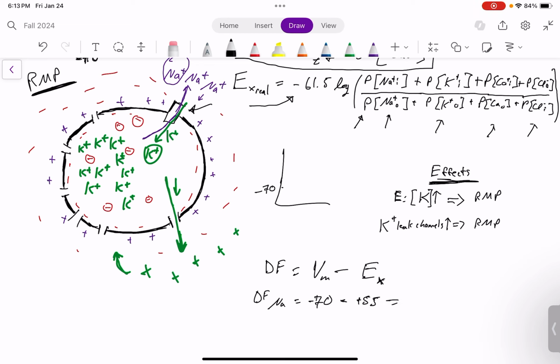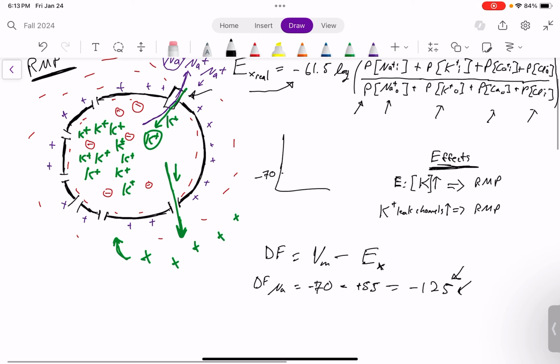So the driving force of sodium would be negative 125. Now this roughly is talking about the inside of the cell, and because it's negative, that means that sodium, being a positive charge, is attracted to the negative charge. So sodium wants to come into the cell, at a magnitude of 125 millivolts.